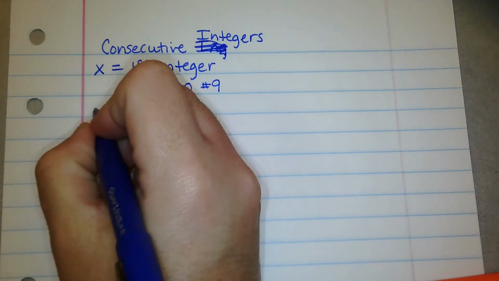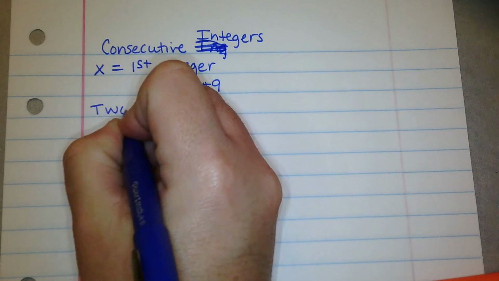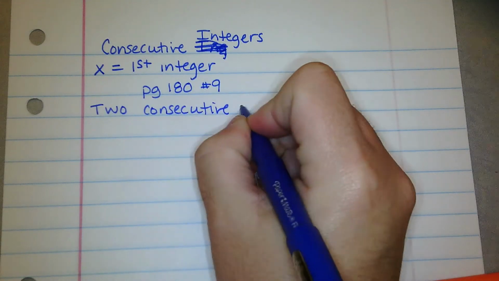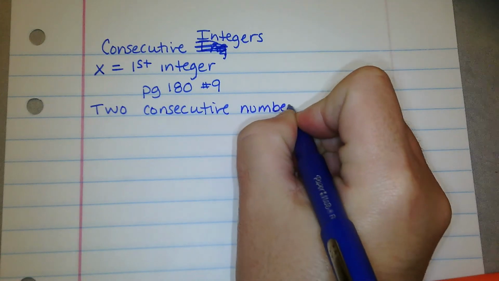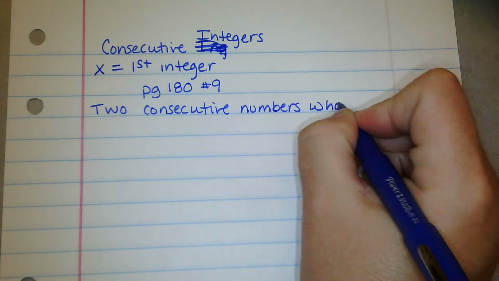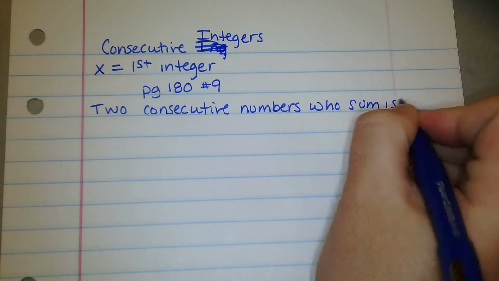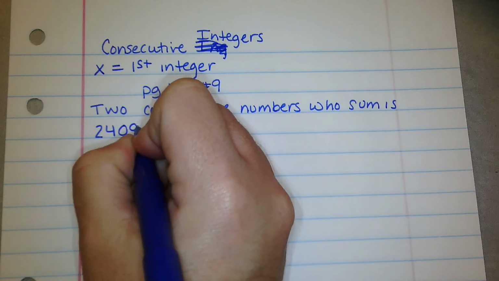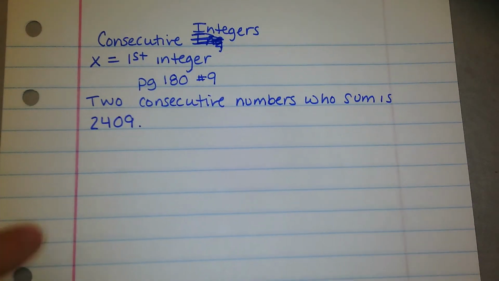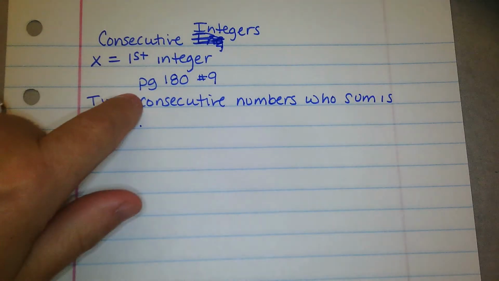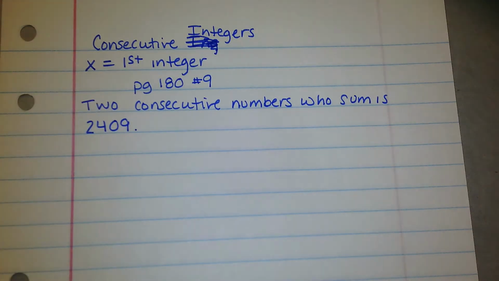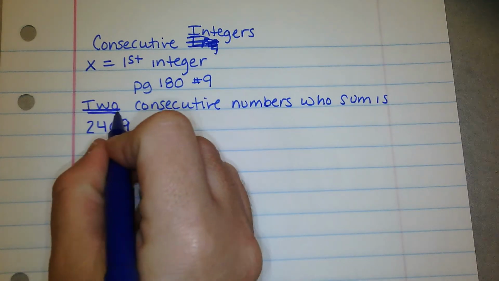So in this question, we're looking for two consecutive numbers whose sum is 2409. Okay. So we're talking about apartments, and we're looking for him and his neighbor. Now the first one is always x, and they only want two of them.